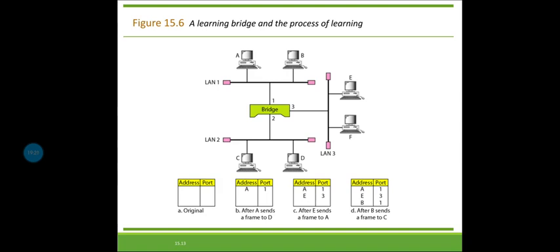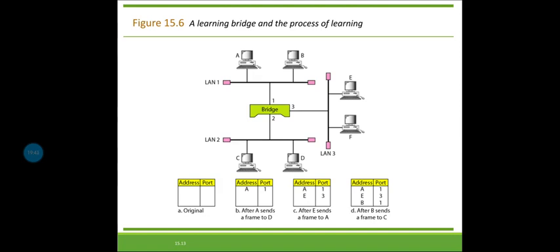If there is no entry, what do we have to do? We have to learn. So the learning bridge has to be taken care of, and the learning table has to be automatically updated. So the first terminology, forwarding: a transparent bridge must correctly forward the frames.